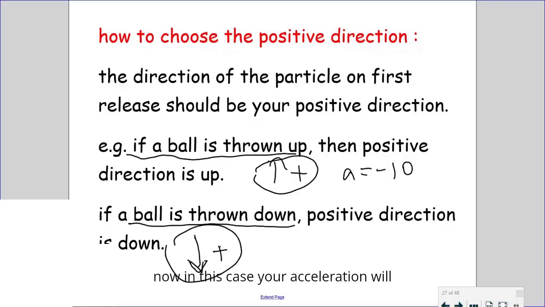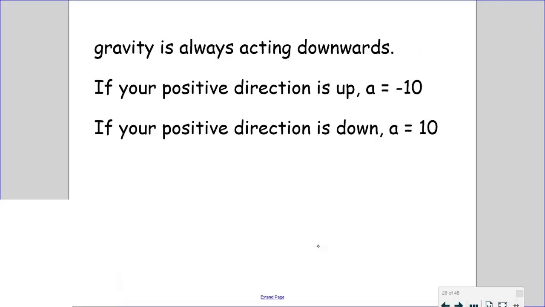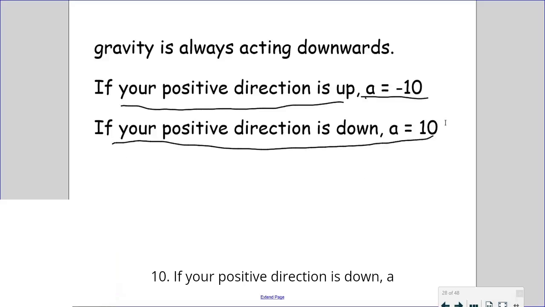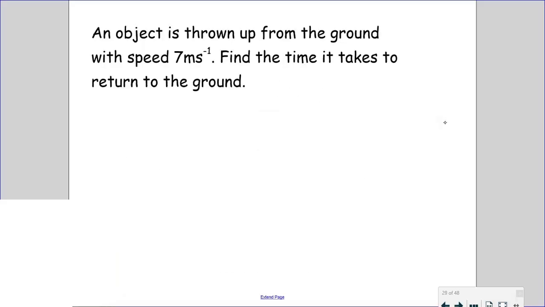Now, in this case, your acceleration will be +10 because your positive direction for the question is downwards, and your acceleration, which is gravity, is also downwards. Okay? Yep. So as I said, if your positive direction is up, then A will be -10. If your positive direction is down, A becomes +10.